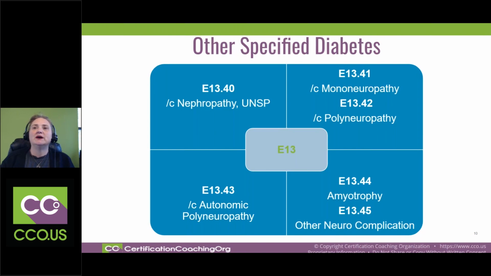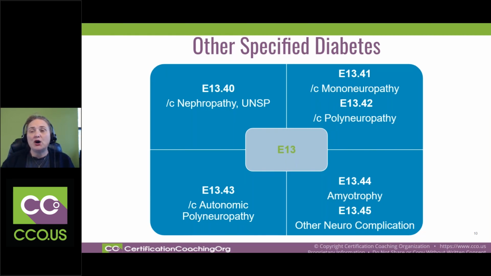E13. Well, again, this is not one that I see as often, but other specified diabetes. If you have other specified diabetes with nephropathy, unspecified, that'd be a .40. You could have .41 for mononeuropathy and .42 with polyneuropathy. And then there's .43 with autonomic polyneuropathy.